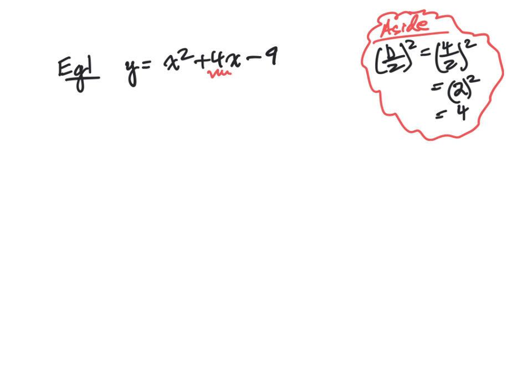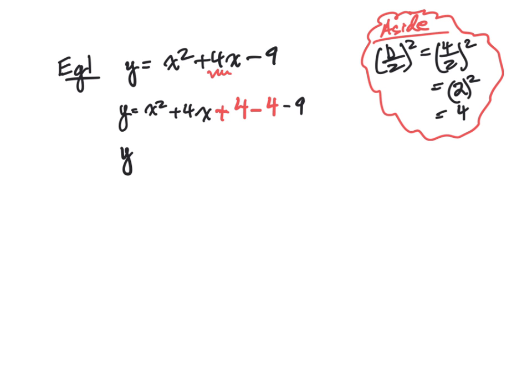So now I'm going to rewrite this equation. y is equal to x squared plus 4x plus 4 first. Remember, we have to add first and then subtract the 4. So essentially we're adding a 0, and then we have minus 9.